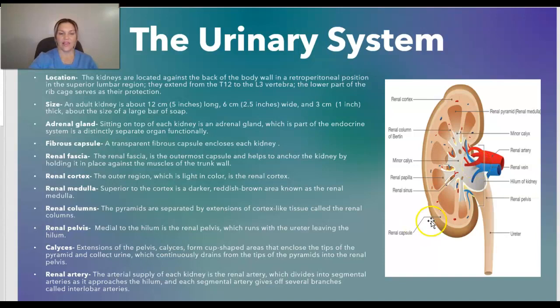These calyces continually drain from the tips of the pyramids into the renal pelvis. And then we have the renal artery, which is the arterial supply to each kidney, one on the right and the left, and which divides into segmental arteries as it approaches the hilum.